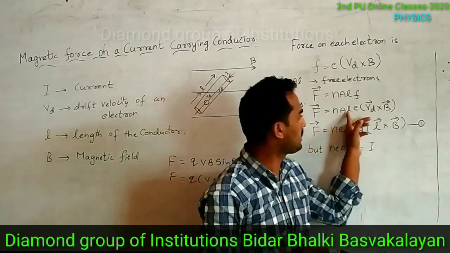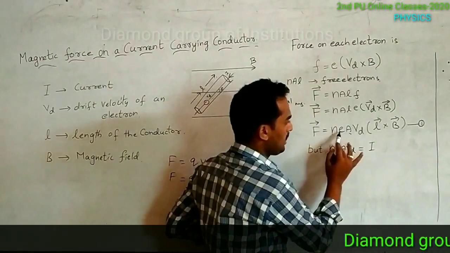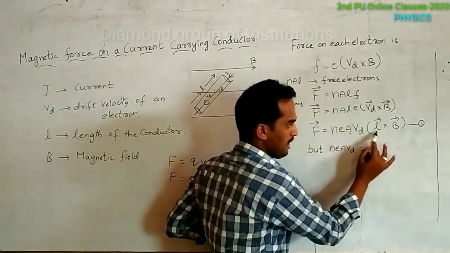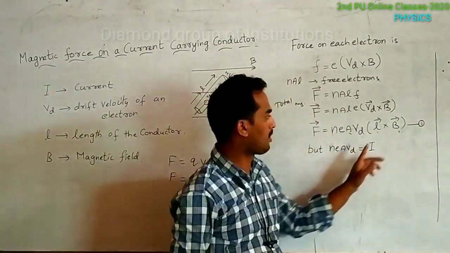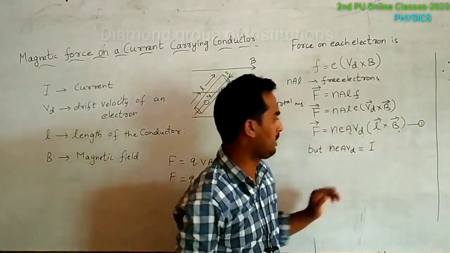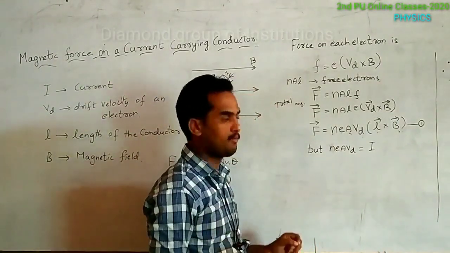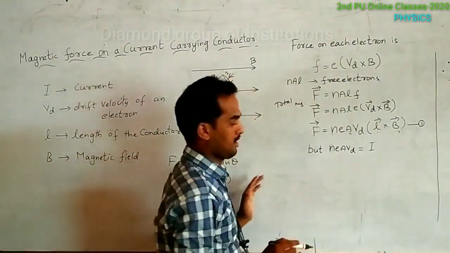That means we send L inside and take the velocity outside. So n e A Vd into L cross B, where L is the length of the conductor and B is the magnetic field. So we are calculating the total magnetic force on the complete conductor.